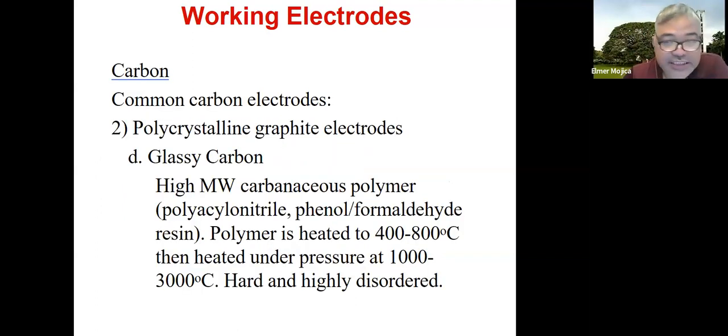Or you can have a glassy carbon. So these are high molecular weight carbonaceous polymers like polyacrylonitrile or phenol-formaldehyde resin. So the polymer is heated to 400 to 800 degrees Celsius, then heated under pressure at 1000 to 3000 degrees Celsius, hard and highly disordered. Fortunately, we don't have that.